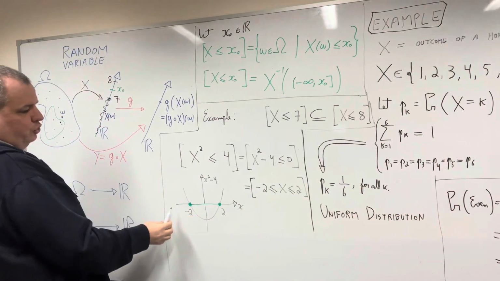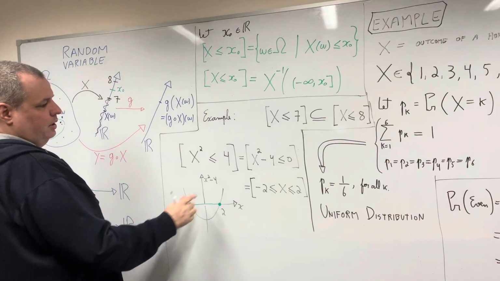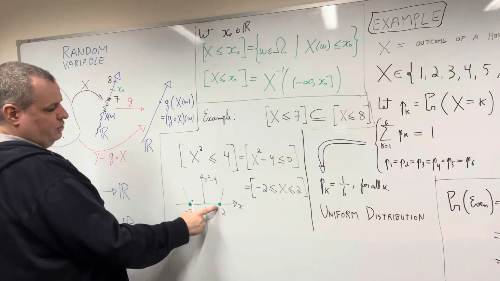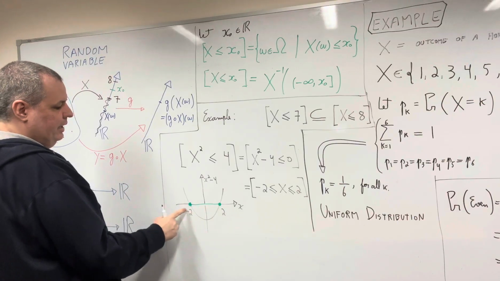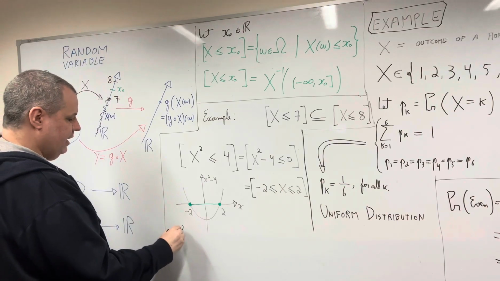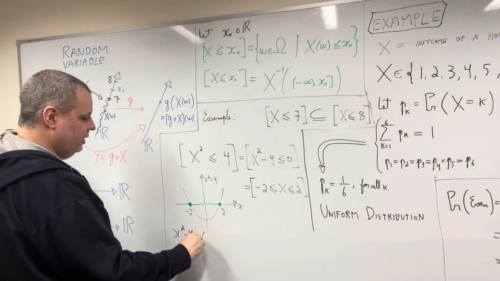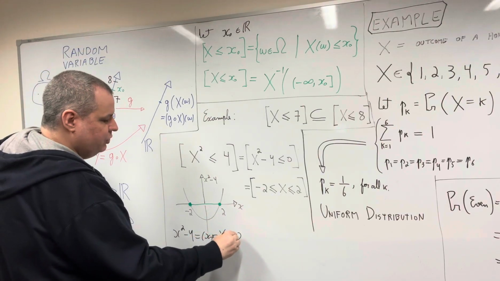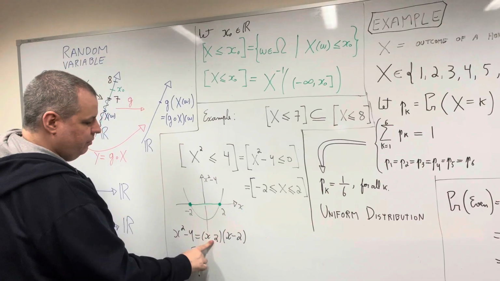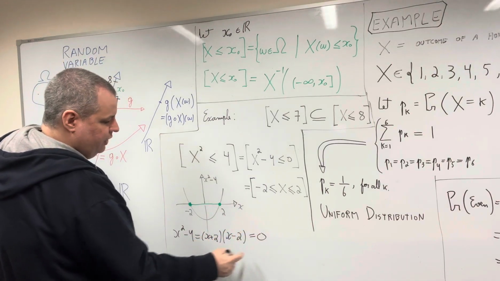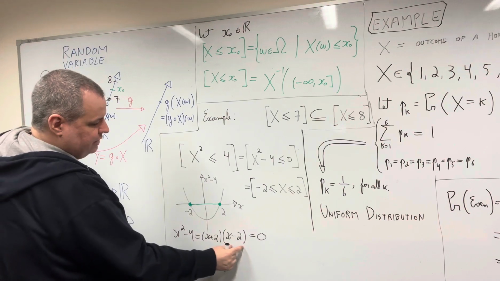And then I construct here the parabola, x squared minus 4 as a function of x, which intercepts the x-axis at 2 and negative 2. It's easy, right? We know that x squared minus 4 is (x plus 2)(x minus 2), and this is 0 if and only if this number is 0 or this number is 0.